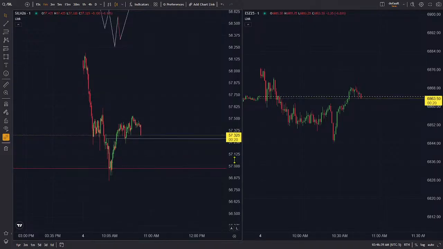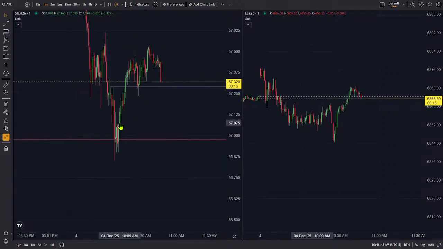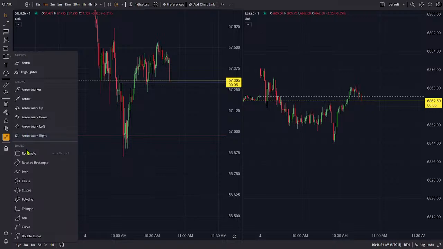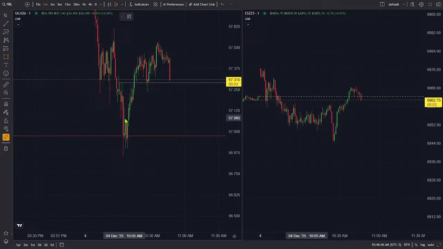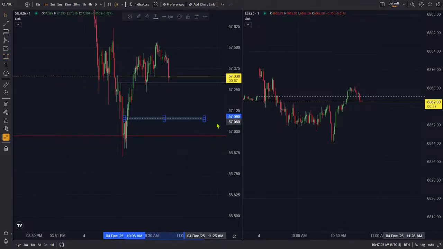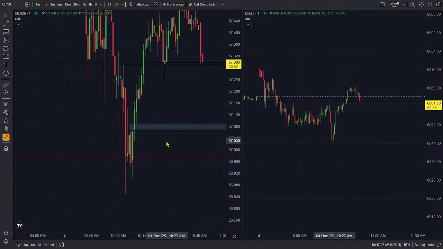This little fair value gap right here would be perfecto. If it would come down there and reject, we could aim for that high up there, and we should be able to get some money out of this deal.